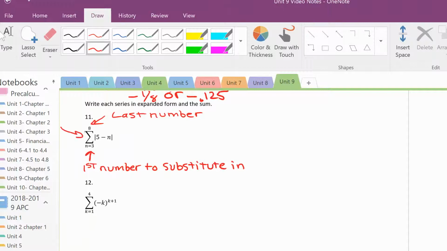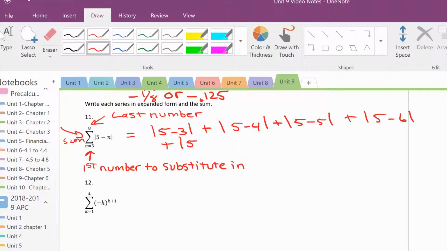And then this sigma notation means sum. So basically you start with the bottom number, which is 3. So you go the absolute value of 5 minus 3 plus the absolute value of 5 minus 4 plus the absolute value of 5 minus 5 plus absolute value of 5 minus 6 plus absolute value of 5 minus 7 plus absolute value of 5 minus 8.